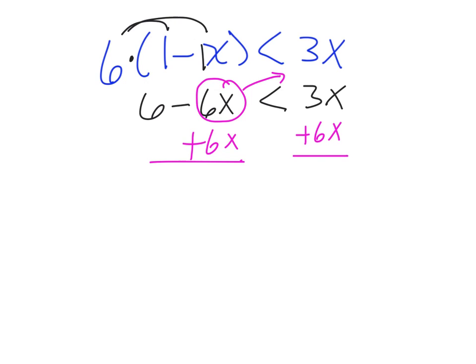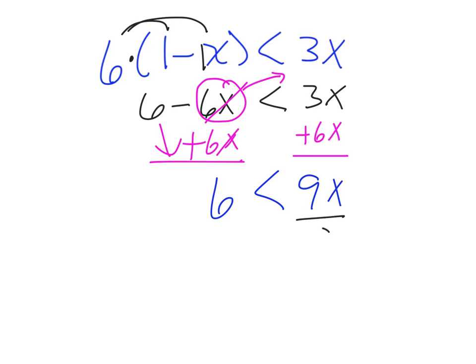And if you notice, the reason I did that was to get the x's all to one side and leave the constant by itself. So this 6 comes down. So there's your 6, less than. Now, I added 6x. I didn't multiply or divide, so my sign stays the same. 6 plus 3 is 9x.